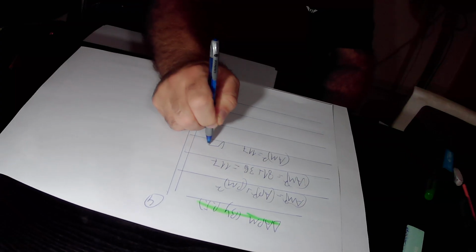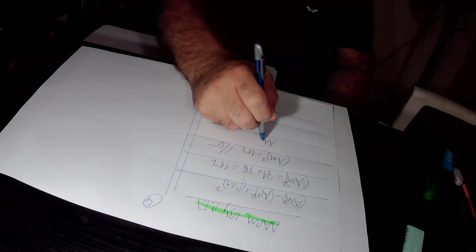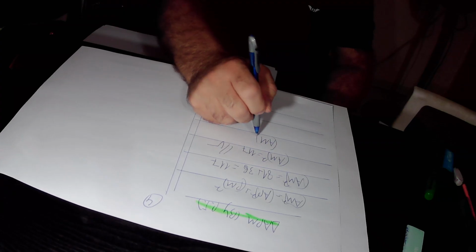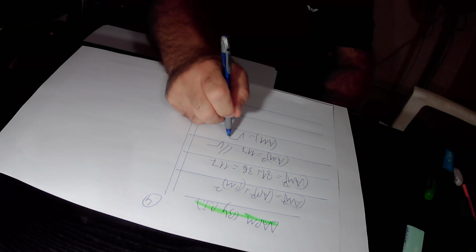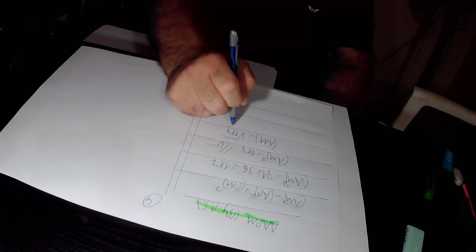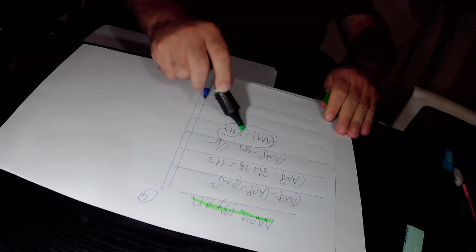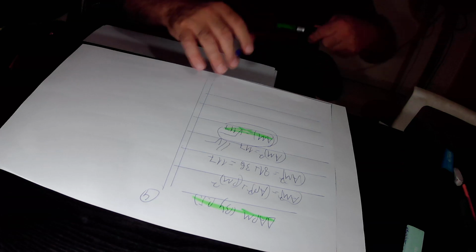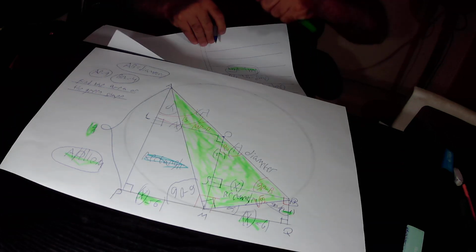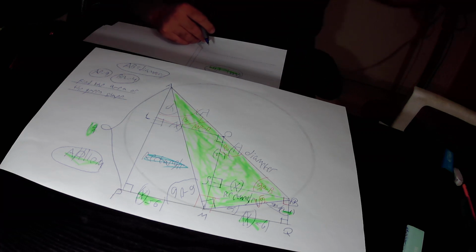Here we take the root of this equation and find that the missing hypotenuse AM is equal to the square root of 117 units in its length. This is side A here, and it is equal to the square root of 117 units in its length.